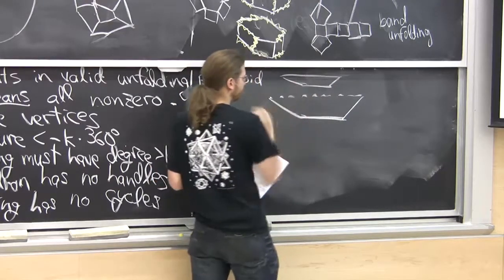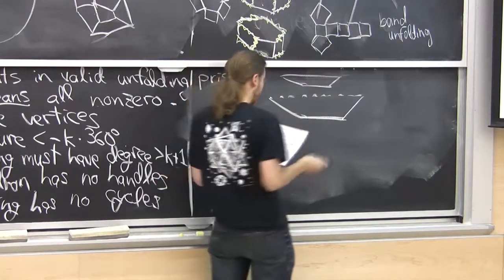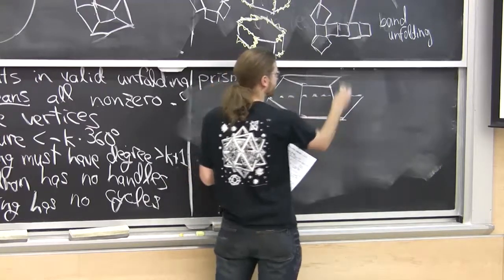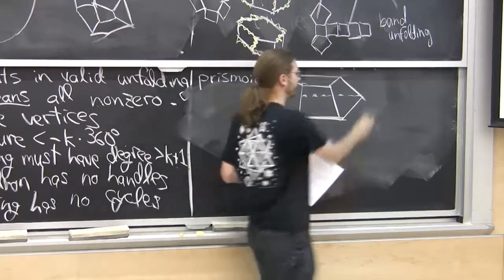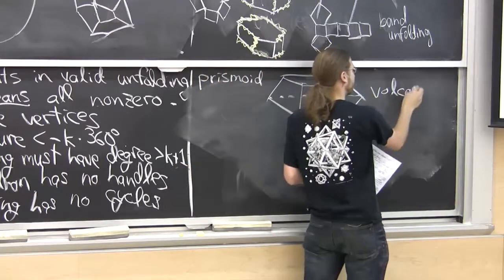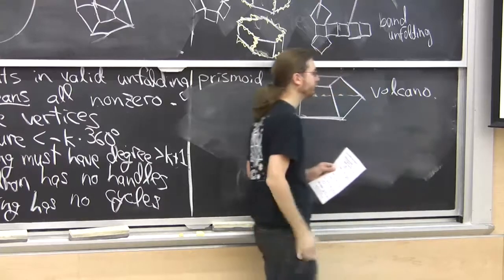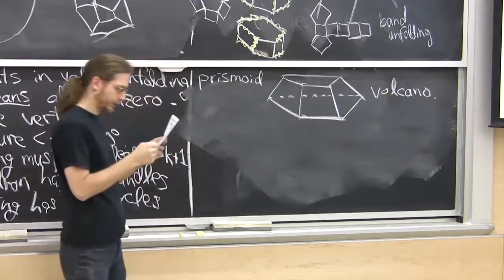I think actually the lengths can change. And then you take the convex hull. These unfold with the volcano unfolding. It's a little more subtle to prove, but it's proved in the textbook.